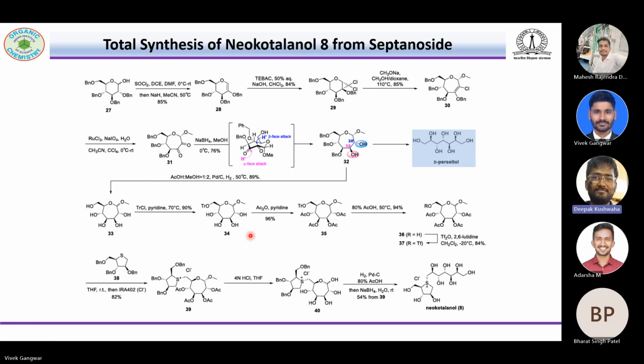With the addition, this sulfonium salt may get substituted or something. This is a salt, right? Sulfonium salt compound 39. If you use Zemplén conditions, I feel OMe will come there. So that's why they are using HCl.